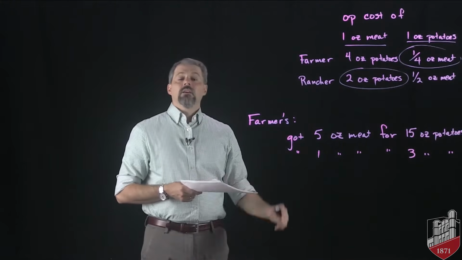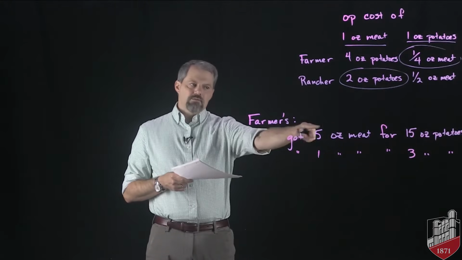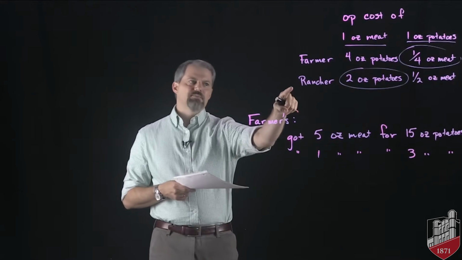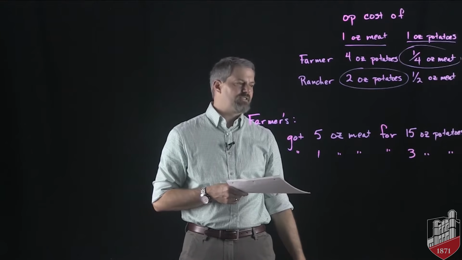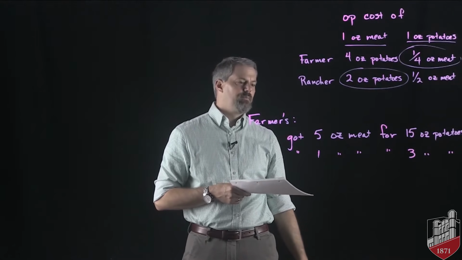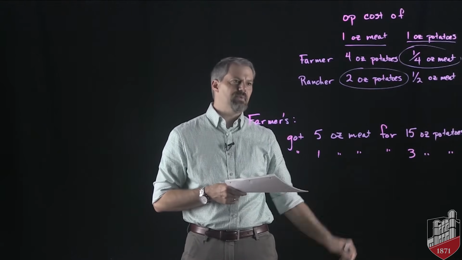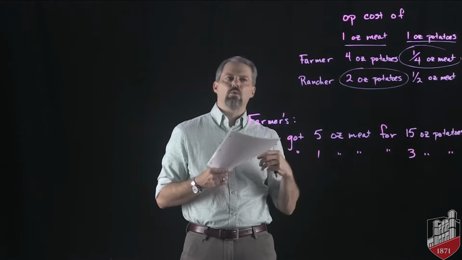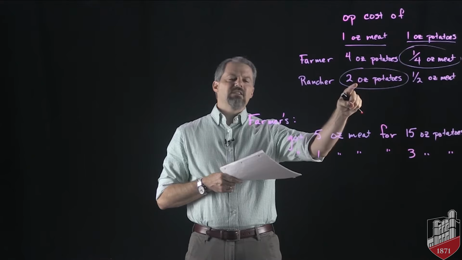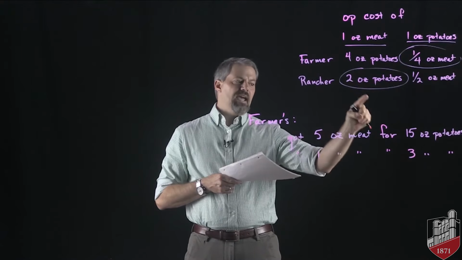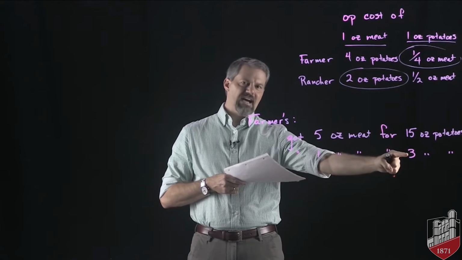Okay? Let's also think about that trade from the rancher's perspective. Why does the rancher like this price of 3 ounces of potatoes for each ounce of meat? Well, the rancher is the one selling the meat. The rancher is able to produce each ounce of meat for 2 ounces of potatoes and then sell it for 3 ounces of potatoes.